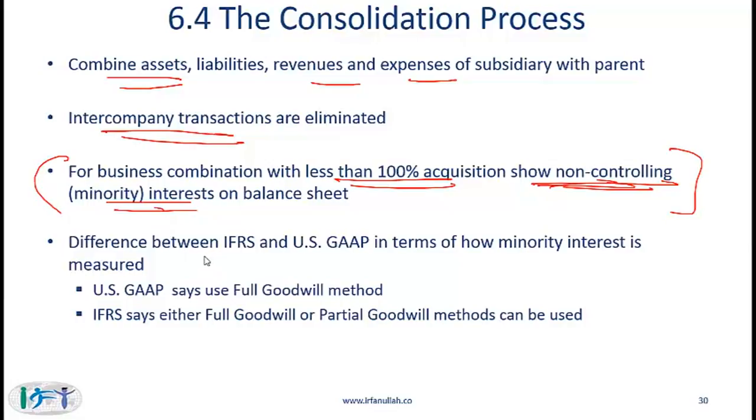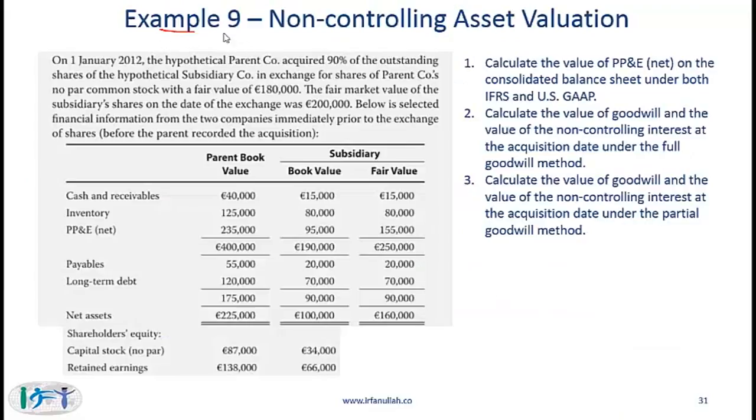As we have discussed, there is a difference between IFRS and US GAAP in terms of how minority interest is measured. US GAAP says that we should use the full goodwill method, whereas IFRS says that full goodwill method or the partial goodwill method can be used, and clearly the choice impacts the amount that we show for minority interest. Example 9 deals with a situation where we have a 90% acquisition.